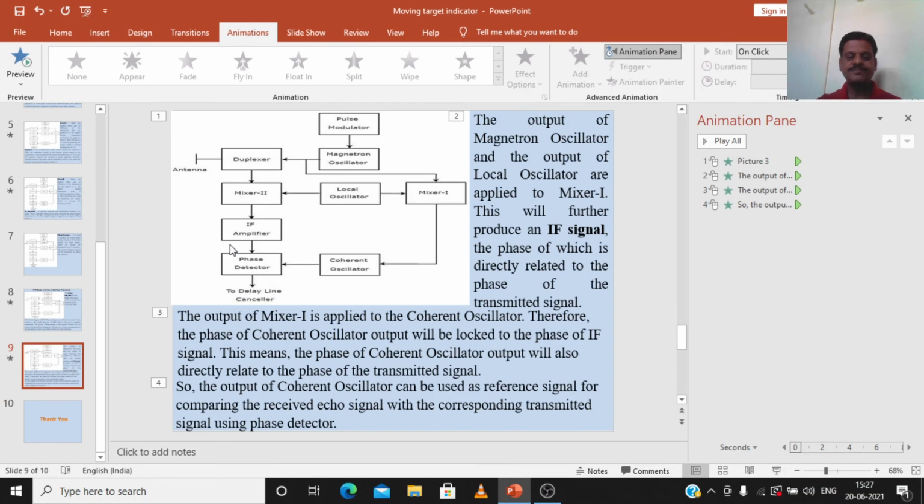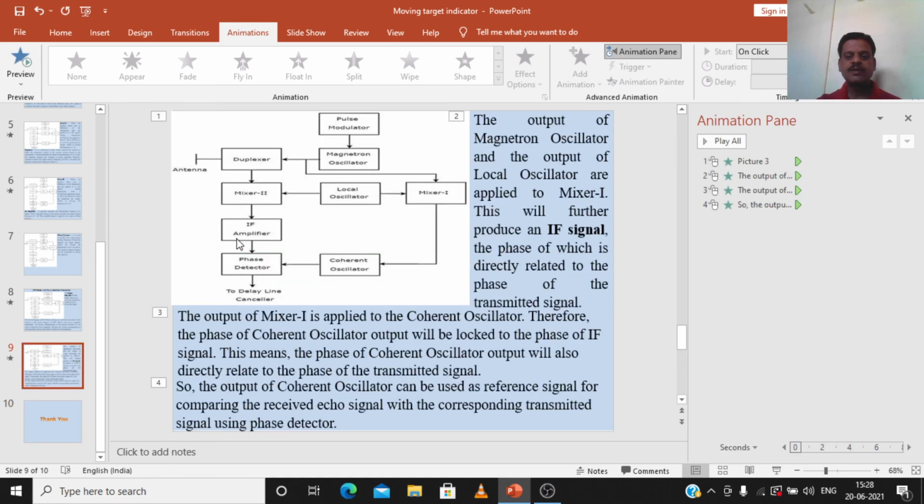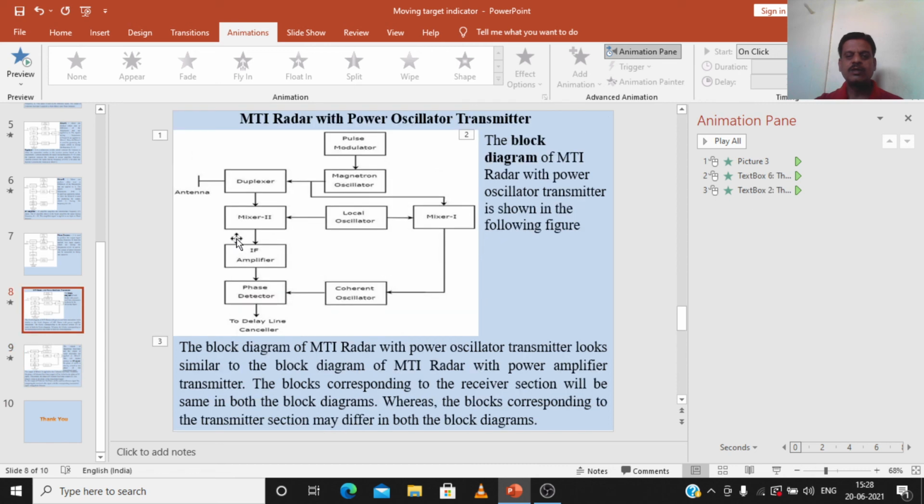In this way, this circuit will work. That is the MTI radar with power oscillator transmitter.